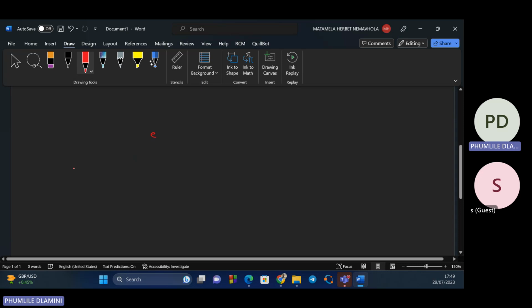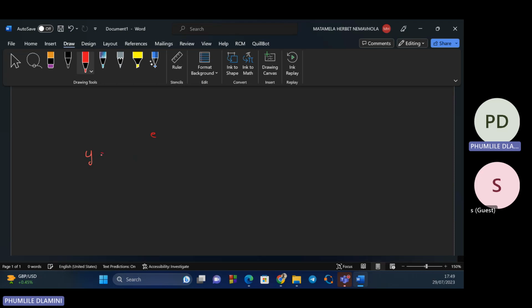We have y equals 2x plus 1, and we write this as x equals y minus 1 over 2. This is for case 1, when x is greater than or equal to 1. And we also have y equals ln x, so x equals e to the power y.